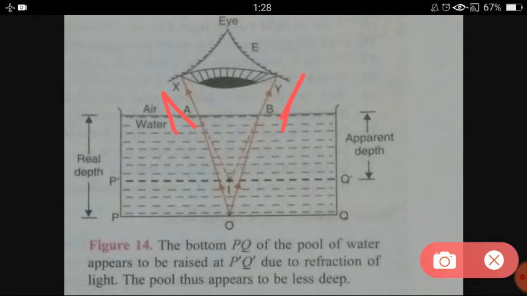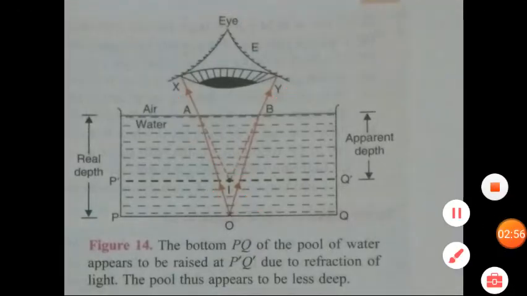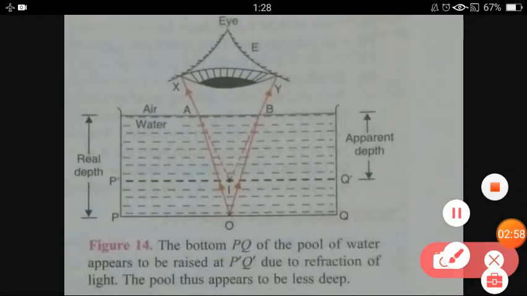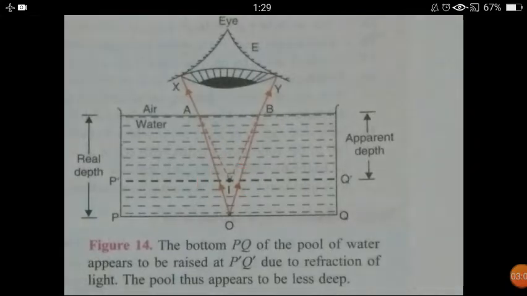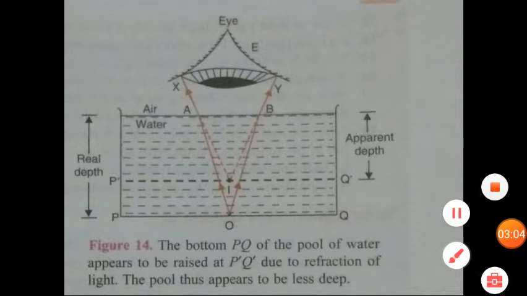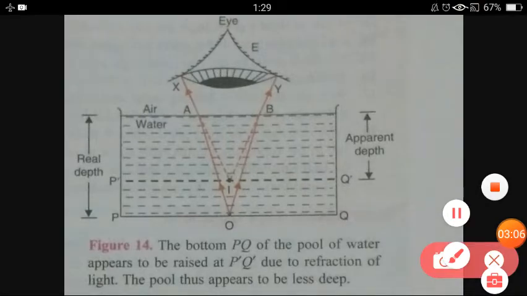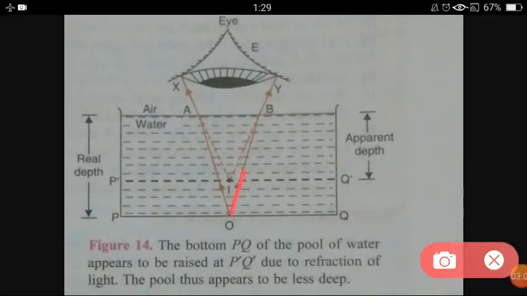So when, by following these two paths, the light rays enter our eye, what we feel is that the rays are coming from this point I and not from O. Because of that, we feel that the bottom of the pool is this one. And why does this happen? Suppose there is no refraction, then this light ray would go straight like this.